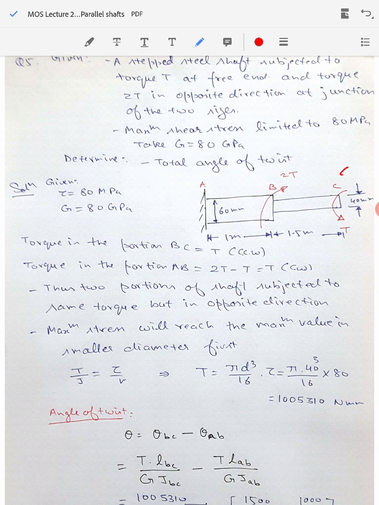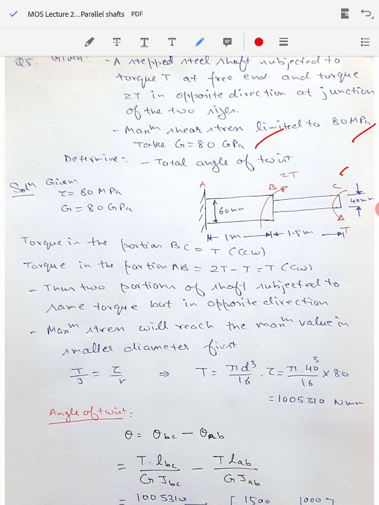You see, this is the case of a series shaft, not a parallel shaft. Remember, though we are applying the torque at the junction of these two, the shaft is not restricted at both ends. It is only restricted at point A, not at point C. That is why this is the case of a series shaft. You are given the modulus of rigidity as 80 gigapascal, and the maximum shear stress is limited to 80 megapascal.